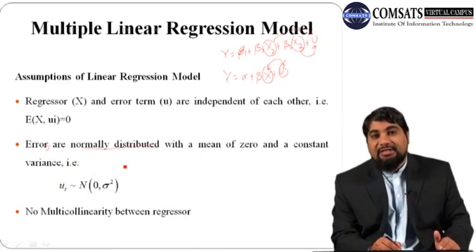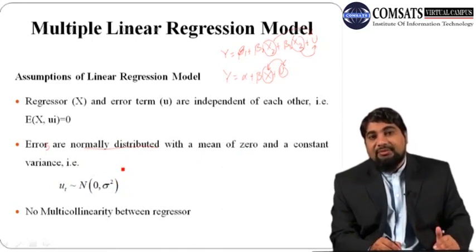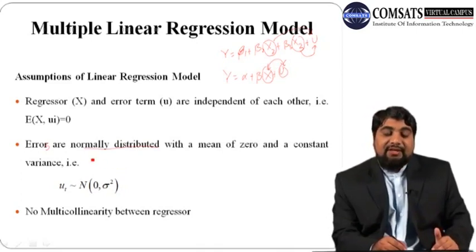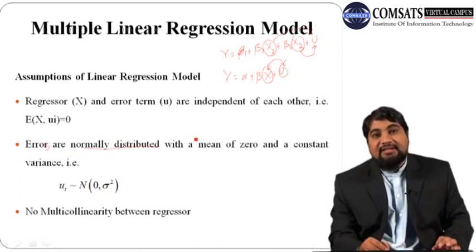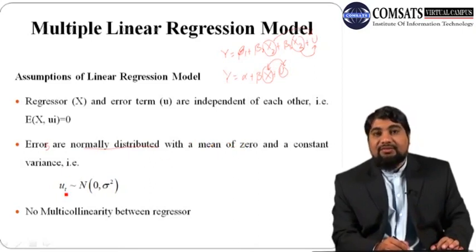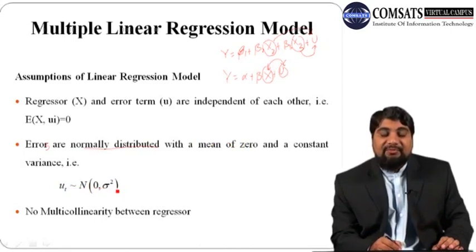So for completeness, whenever we talk about normal distribution, we have to mention its parameters. So that's why this assumption states that errors are normally distributed with mean 0 and constant variance sigma square. So symbolically we can write it as ut is normal with mean 0 and variance sigma square.